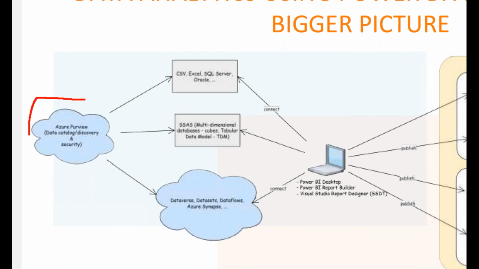Azure Purview, basically it's like a directory. It's like a telephone directory. What exactly is contained in Purview? Your data sources. At the corporate level, at times you'll have literally dozens or maybe even hundreds of data sources.